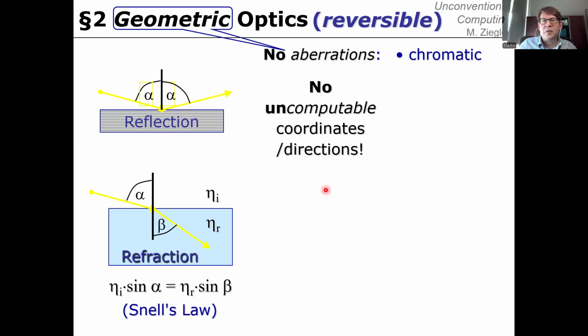So producers of glasses go to great effort to compensate chromatic aberration, but it's never going to be perfect. And we suppose in geometric optics that there is no chromatic aberration happening at all, which is an idealization.